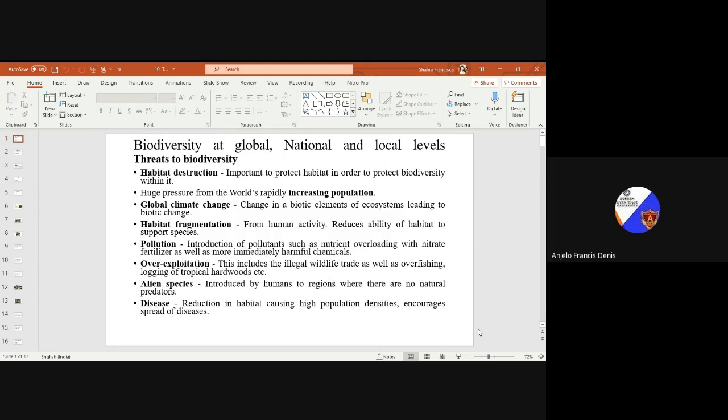Alien species are such crops or varieties or breeds which are not suitable for the given region. But still, for the sake of earning money, people are cultivating or rearing those species which have been brought from another place.